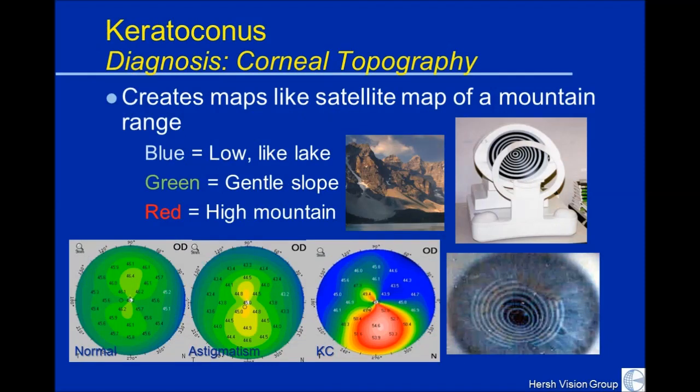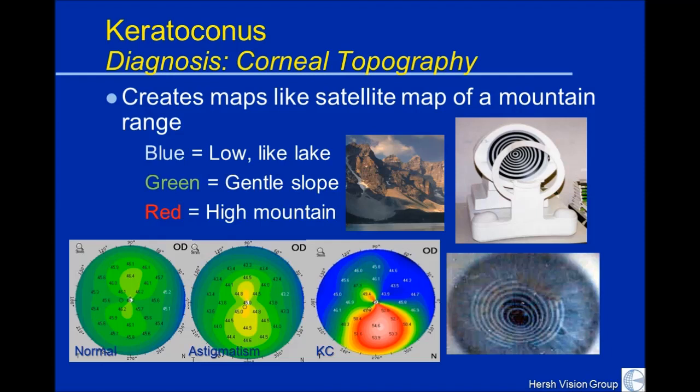The one innovation that's now close to 20 years old that really aided in the diagnosis of keratoconus is computerized corneal topography, the so-called corneal maps. Topography of the cornea is very similar to topography of a mountain range. So this is like looking at a mountain range from a satellite.